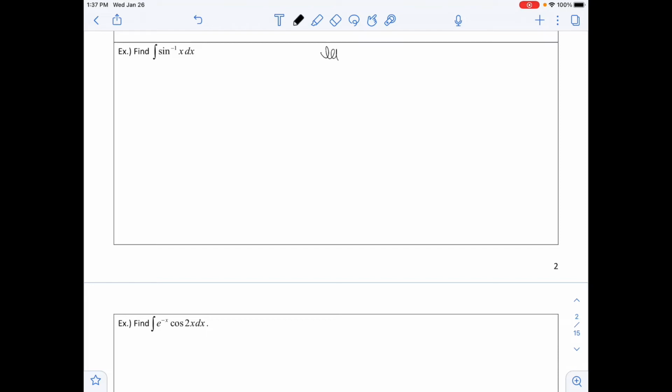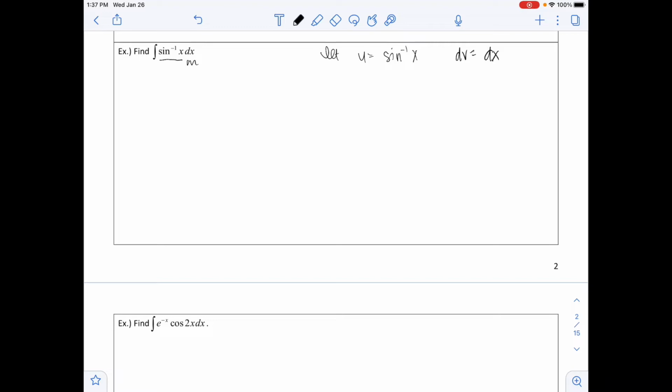So I need to let u equal part of this and dv equal part of it also. So u would have to be the inverse of sine. So I'm going to go ahead and let u equal sine inverse of x. And then dv is going to have to be what's left over, which is just dx.